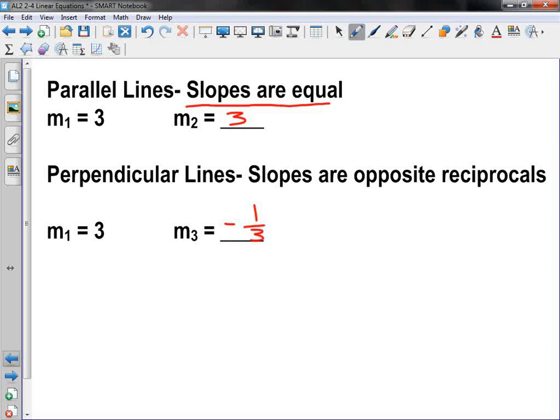Does everybody see how I got from a positive 3 to a negative 1/3? Opposite means that one has to be positive, one has to be negative, right? Reciprocal. So we take that 3, which is really 3 over 1, and we flip it over to make it a 1 over 3.